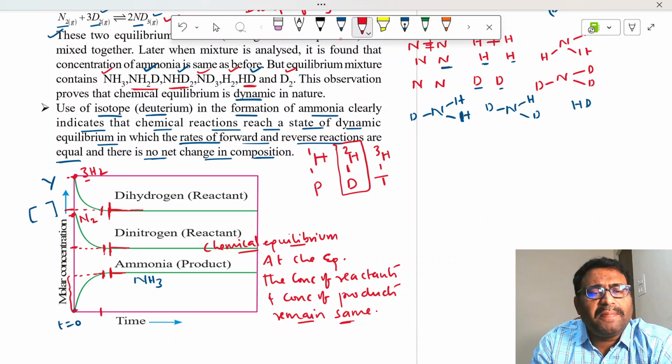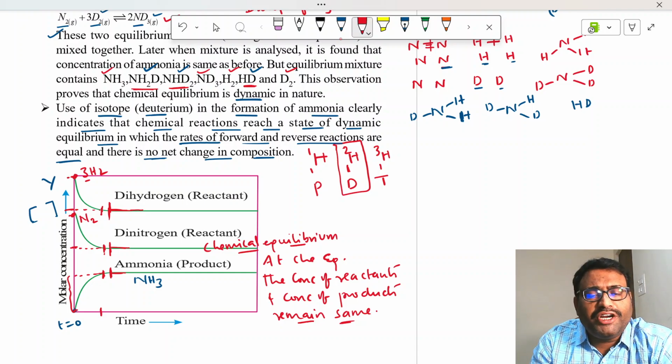They may be equal, but there is only one chance. But there are infinite number of chances where their concentrations are not equal.